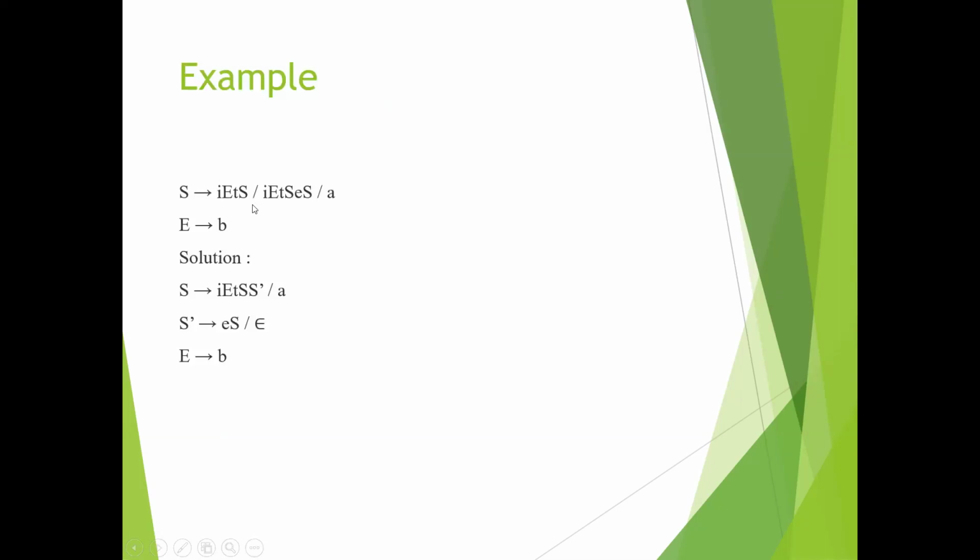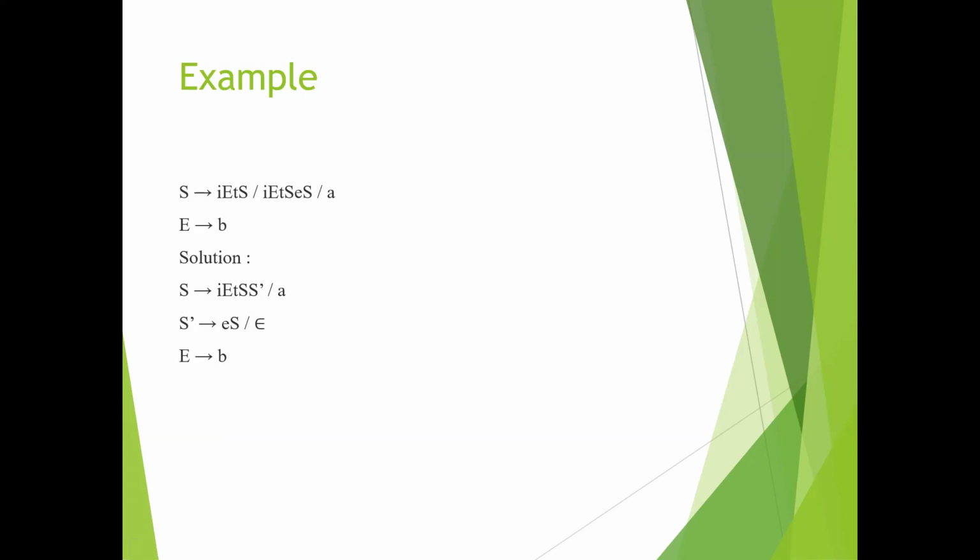So we can combine this common prefix. The solution is S which produces IETS S dash or A. Now this S dash will contain ES or epsilon. The E will remain as it is, that is E which produces B.